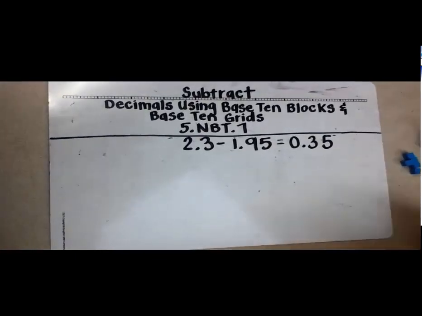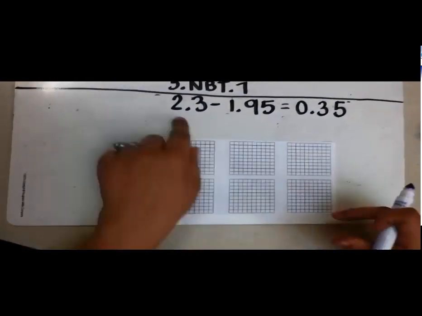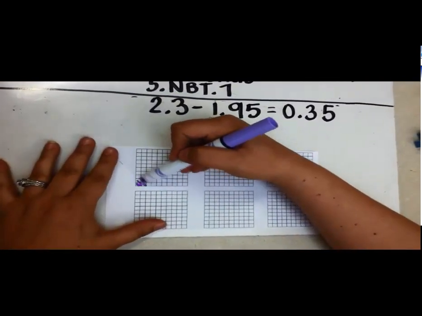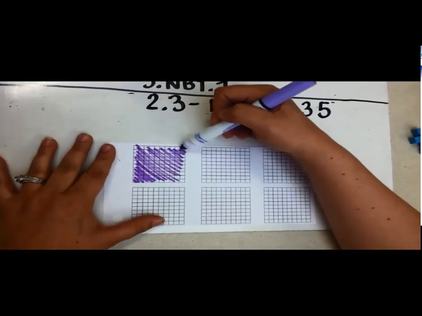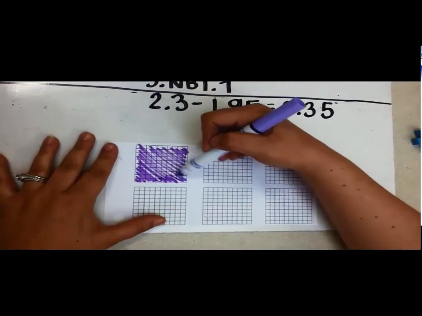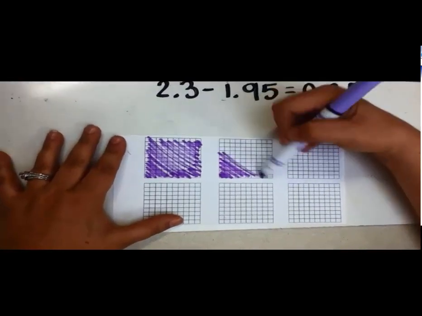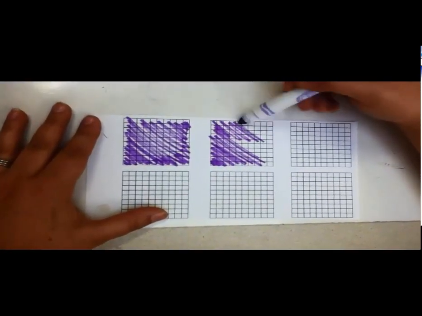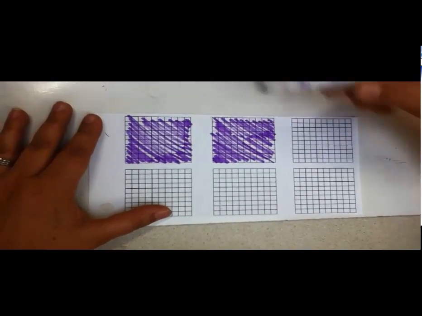To do that, students should go ahead and shade in the number that they are going to subtract from. So they should shade in 2. So 2 wholes. And then the 3 tenths.